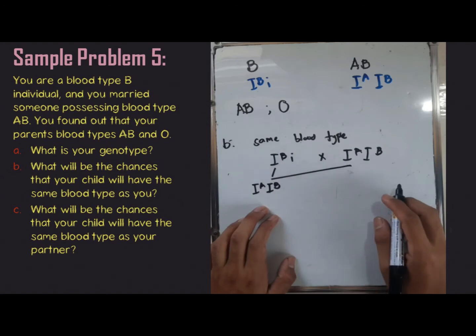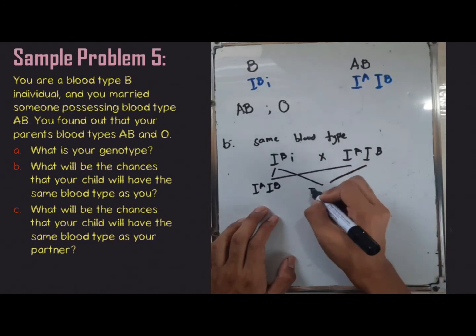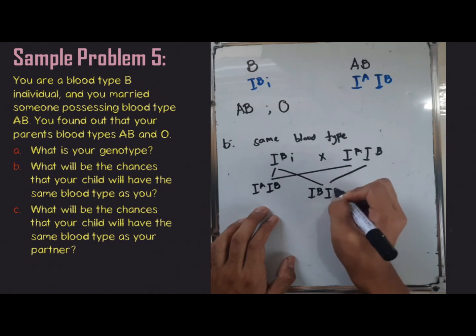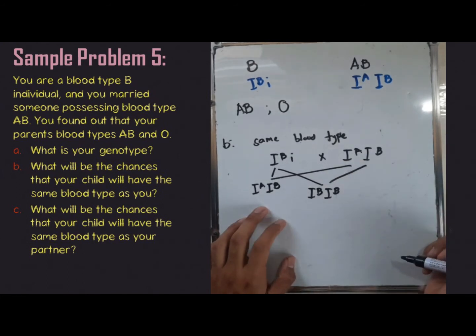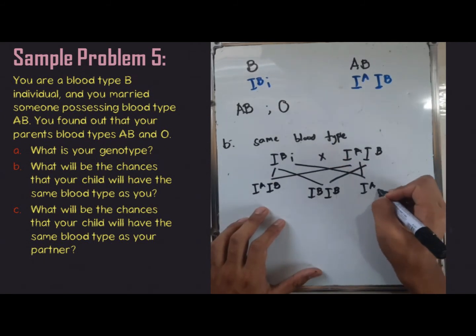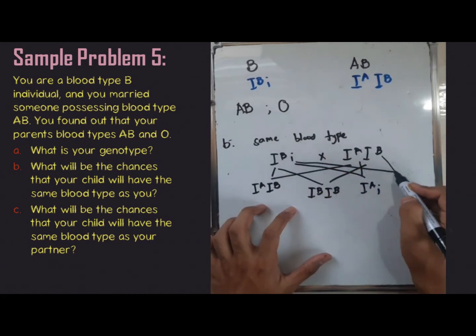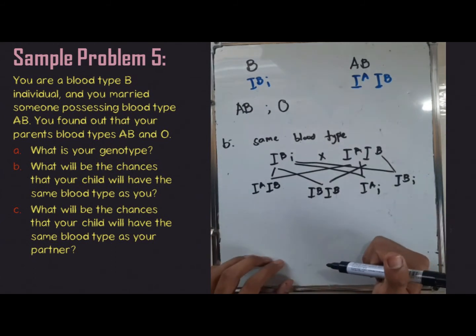Then the next one is blood type B, which is homozygous dominant. Then the next one is blood type A, which is heterozygous dominant, and blood type B, which is heterozygous dominant.